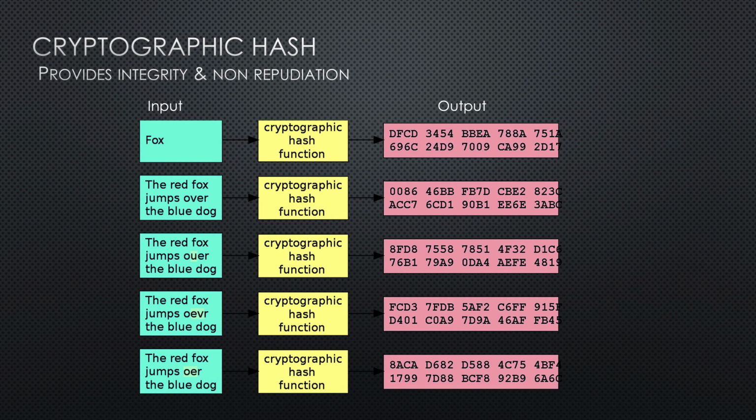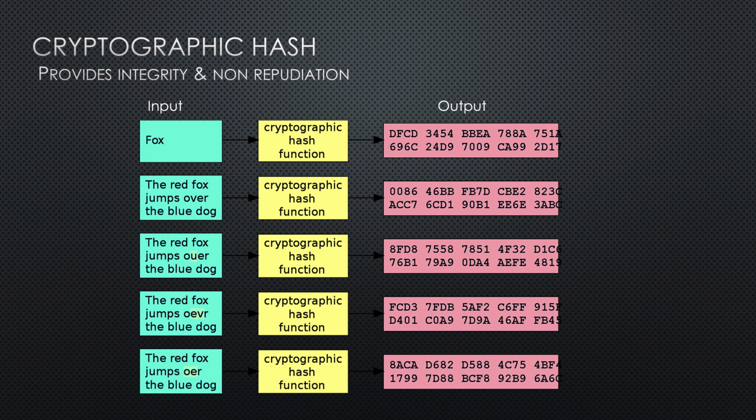So if I had an input of a word fox, so the cryptographic function you can see is the output. So it's exactly the same size as output, irrelevant of what the text is. So even if you just change the O to an E or something like that, the output will change, and thus you will know that your file or your message has been intercepted.